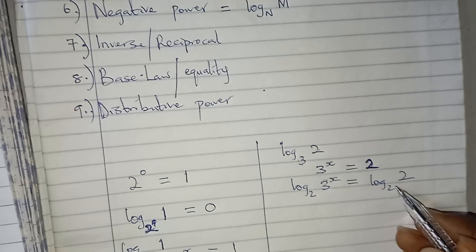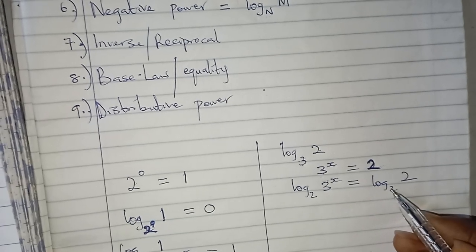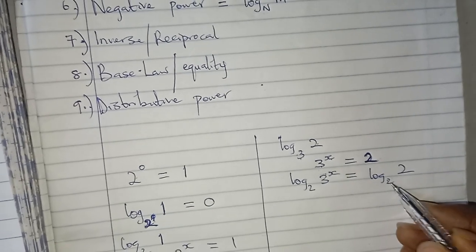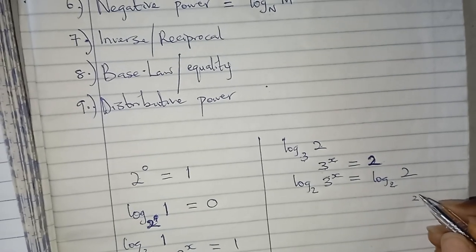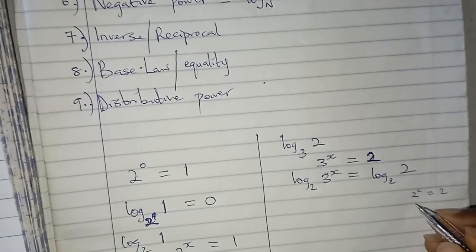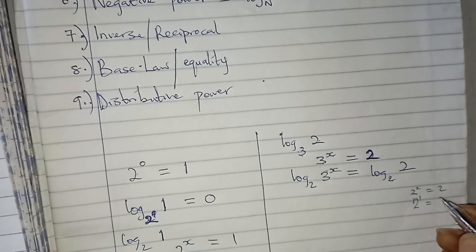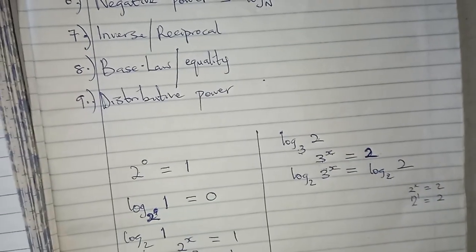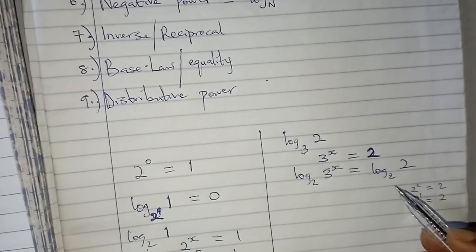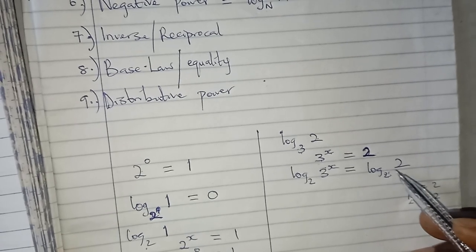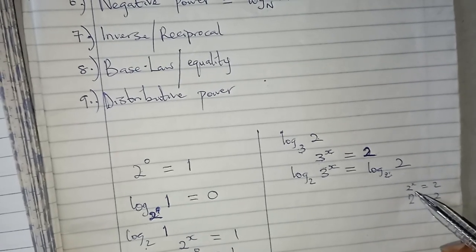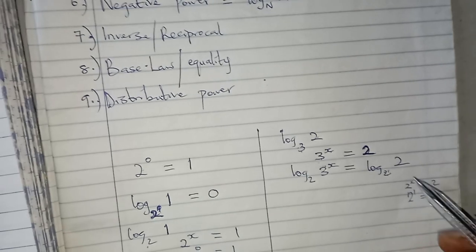Notice that at this point here I have log 2 to base 2. What do I raise this base, which is 2, to in order to get 2? It is 1. So 2 raised to power 1 is equals to 2. Are you seeing it? So whenever you have the power to be 1, you get the same value.